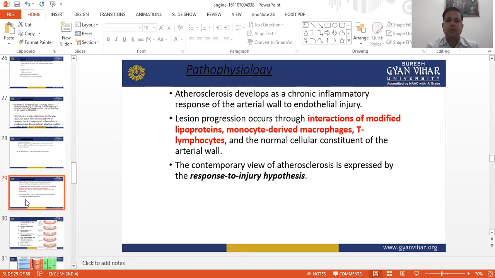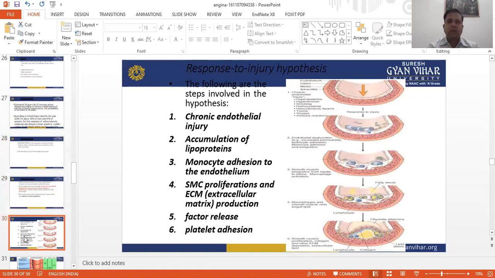Lesion progression occurs through interaction of modified lipoproteins, monocyte-derived macrophages, T lymphocytes, and the normal cellular constituents of the arterial wall. The contemporary view of atherosclerosis is expressed by the response to injury hypothesis.